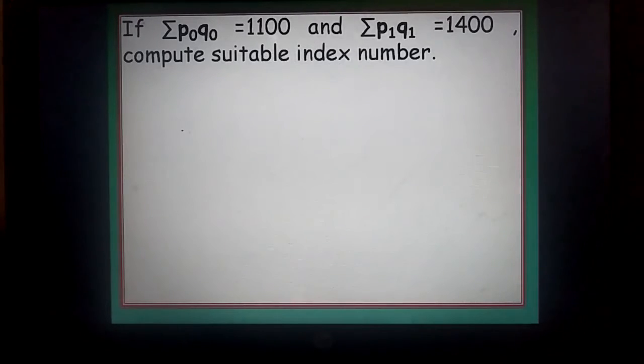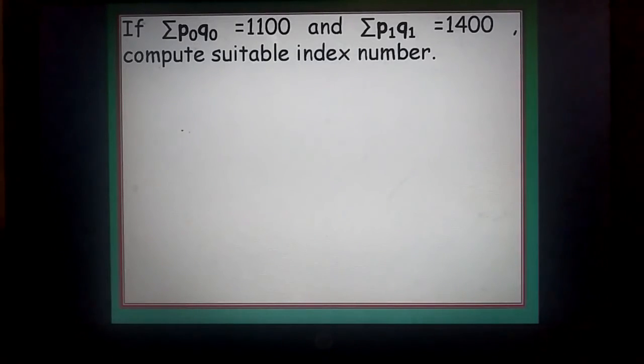Once current year price and current year quantity multiplication as summation is given, and base year price and base year quantity multiplication as summation is given, P1 Q1 and P0 Q0, it will take the form of value or expenditure.